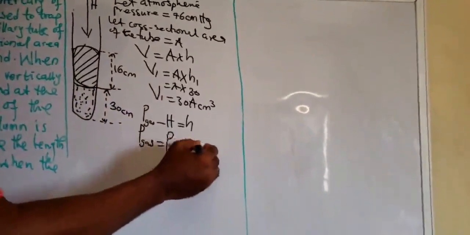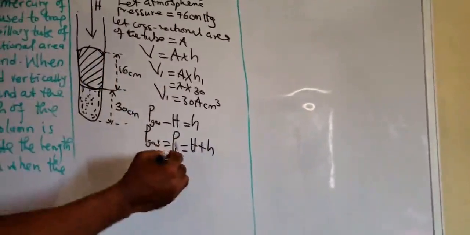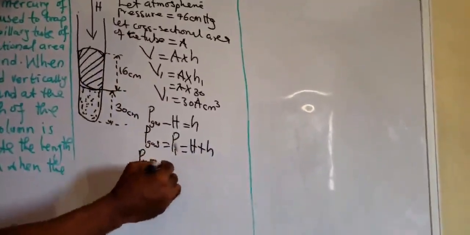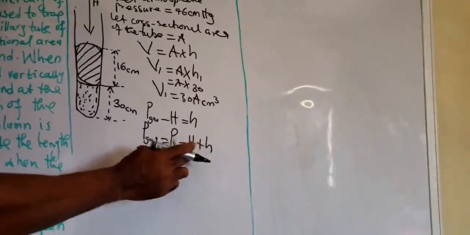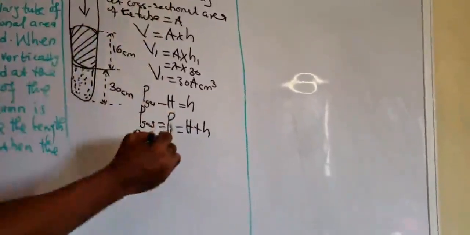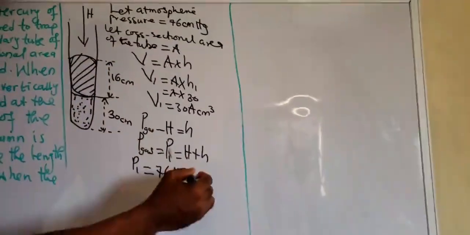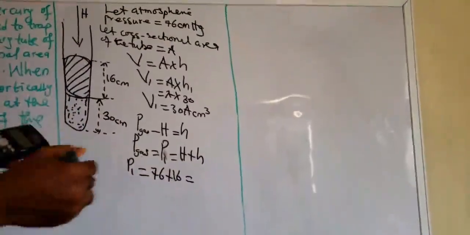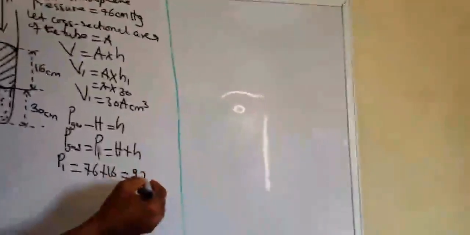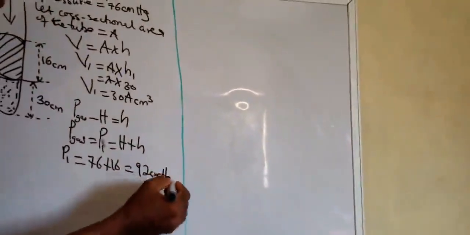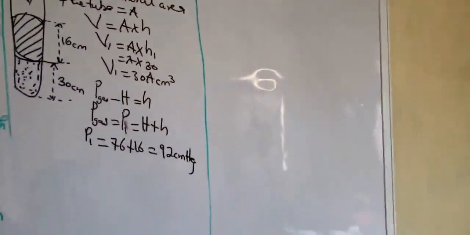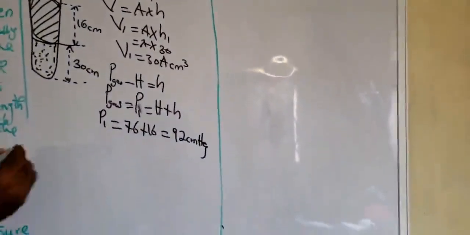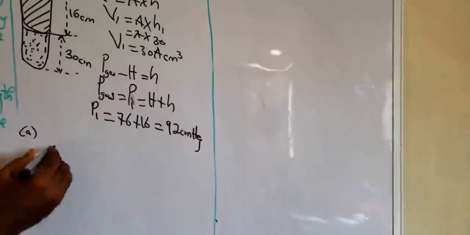It's atmospheric pressure plus height of mercury column. So this P1 is atmospheric pressure 76 plus height of mercury column, 16. And this will give us 92 centimeter mercury.